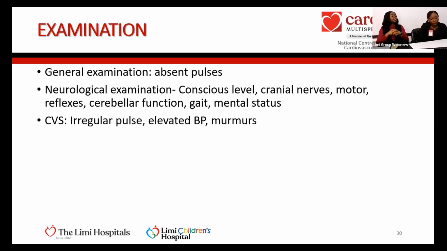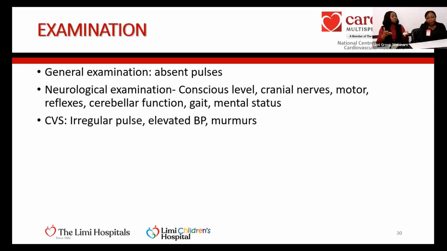Then on cardiovascular examination, we can find an irregular pulse. For example, if we find an irregular pulse, that can point to atrial fibrillation, which is also a risk factor for stroke. Then elevated BP also can confirm your suspicion. You're already suspecting that this might be a stroke, and then you do the BP and the BP is high. So that gives you an inkling that this might be a stroke.